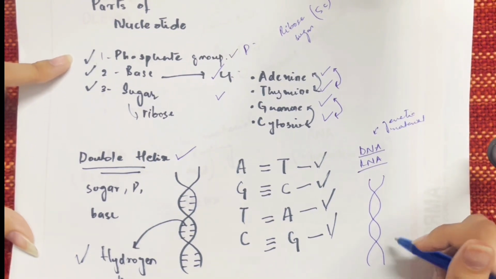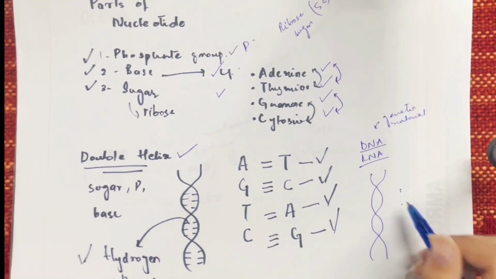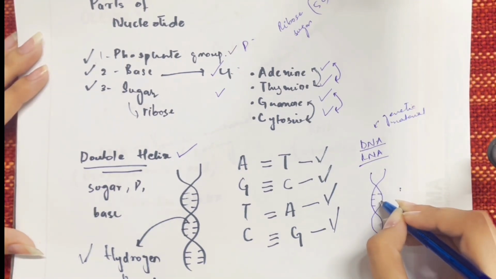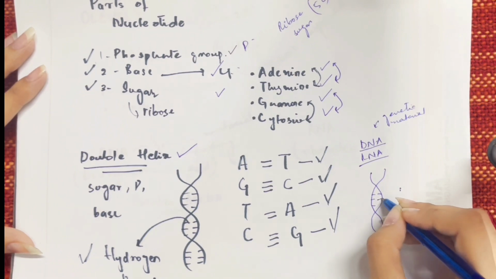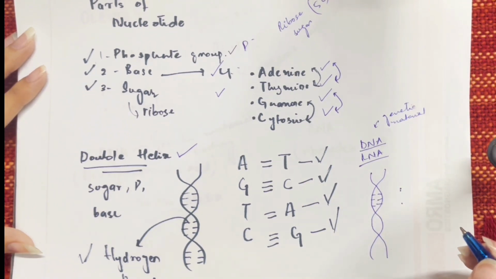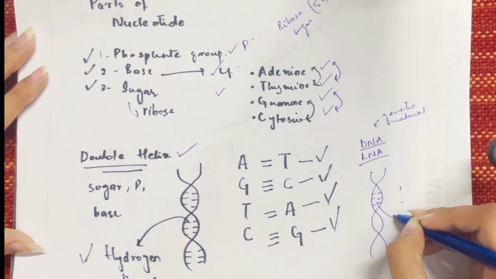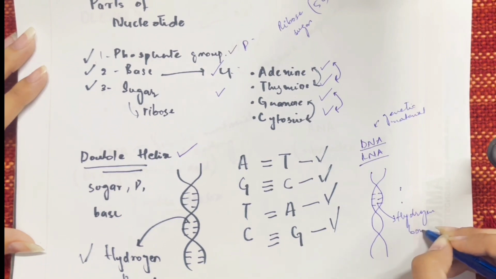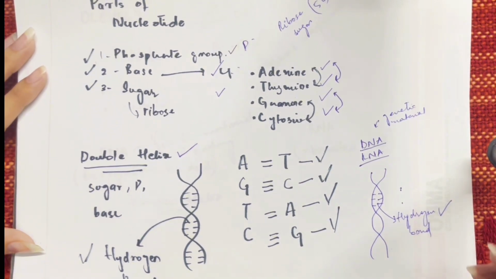This double helix structure consists of sugar, phosphate, and the bases. Between them are the nitrogen bases, adenine and thymine, cytosine and guanine, along with hydrogen bonds between them, and they are bound together with a very common bond, that is the hydrogen bond. Please do remember this.